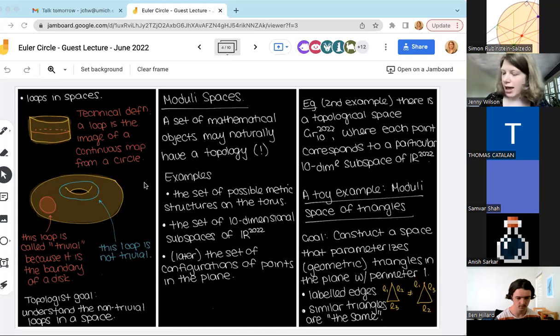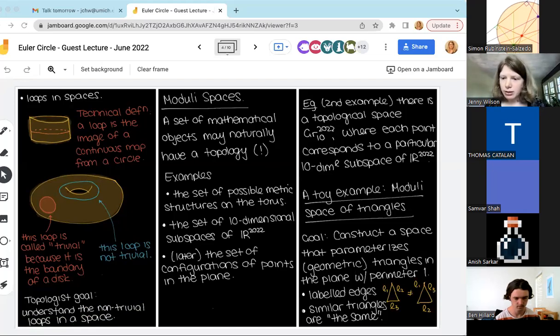There exists no disk in my torus that has this loop as its boundary. And so a big goal of topologists is to understand the non-trivial loops in a topological space.